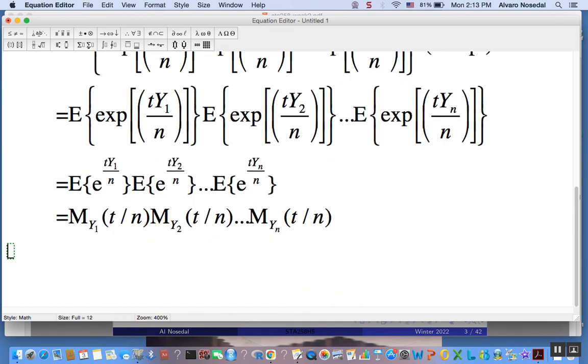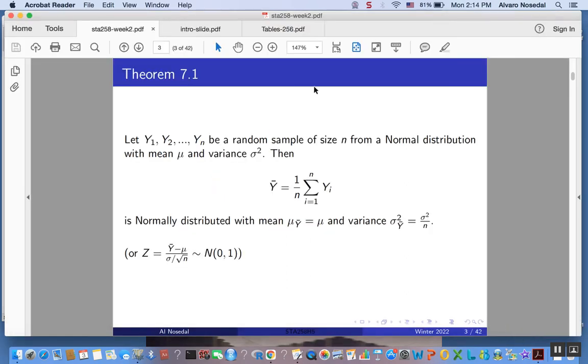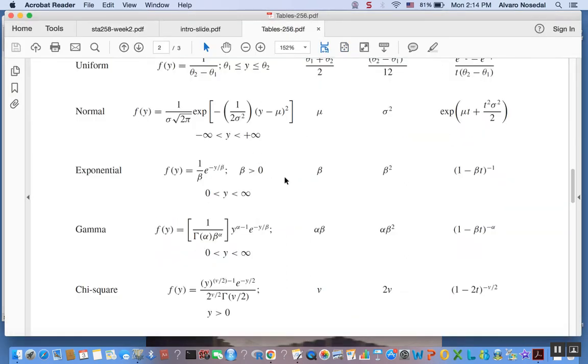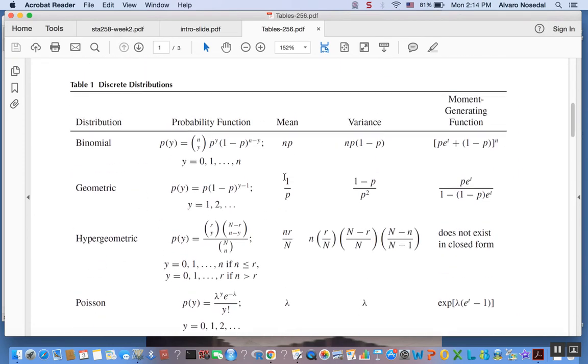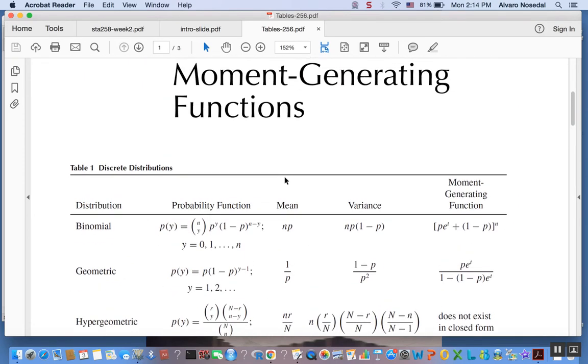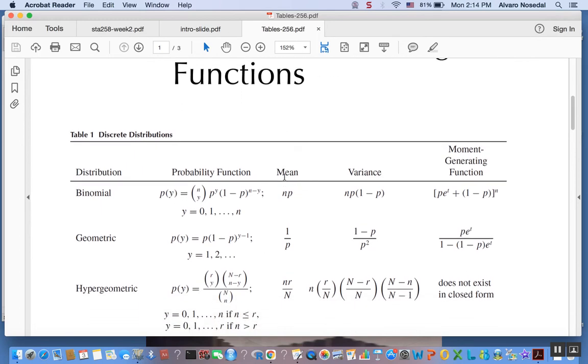Now, let me remind you that I think it's page 837 or 838 of our textbook, where we have a table with the most popular probability distributions.